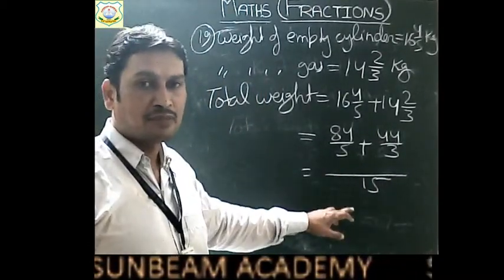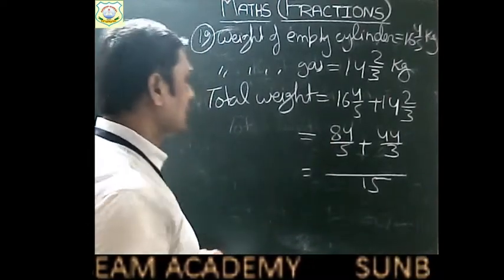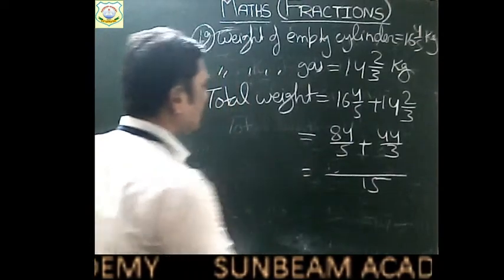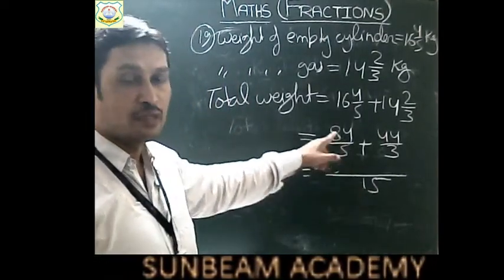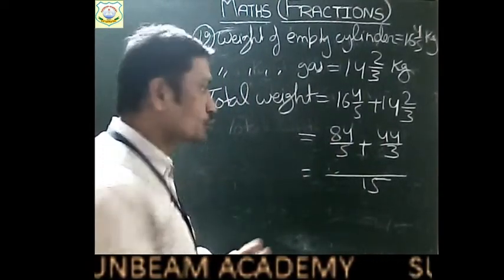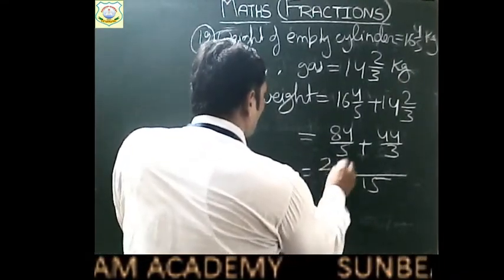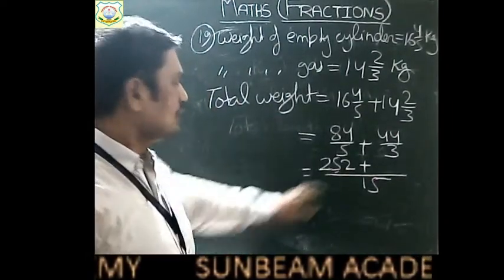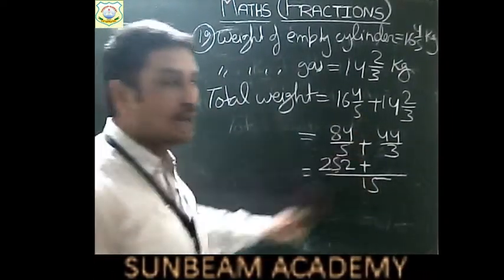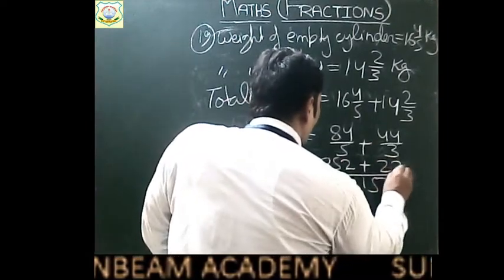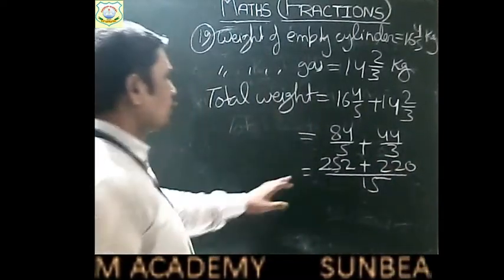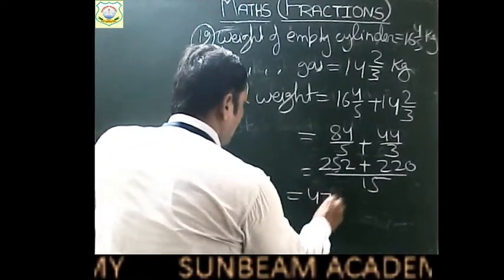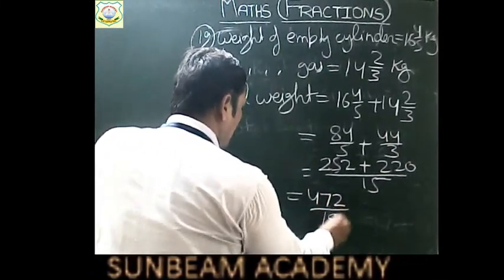Now 5 threes are 15, so 3 into 84 will give 252. Plus 3 fives are 15, 5 will come, 5 into 44 will give 220. Now add 252 plus 220. What will we get? We will get 472 upon 15.